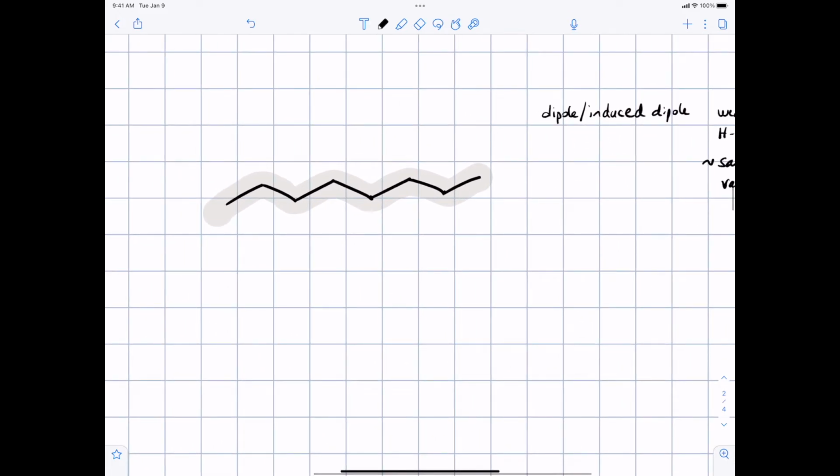All right, but water molecules in the immediate vicinity of the nonpolar octane are going to be missing out on hydrogen bonding partners.